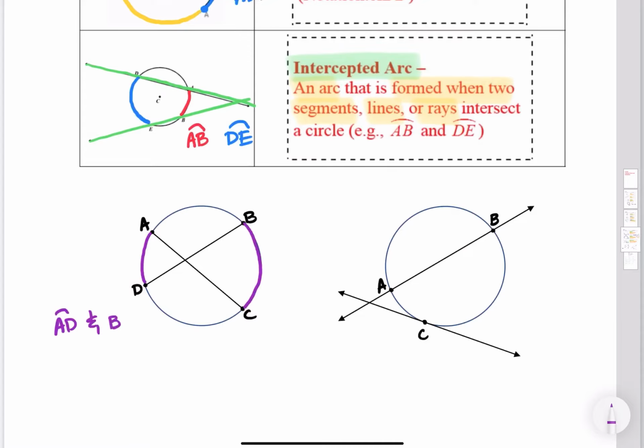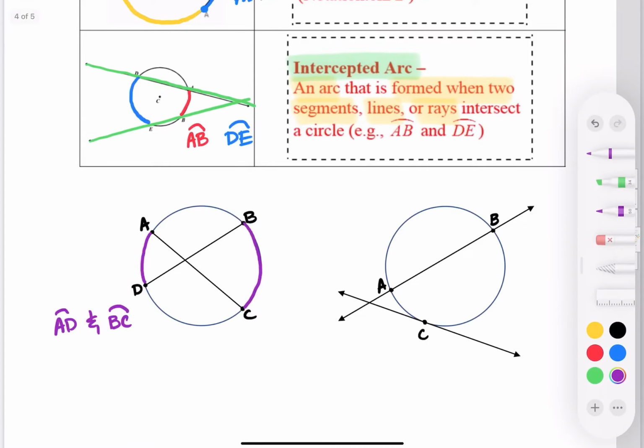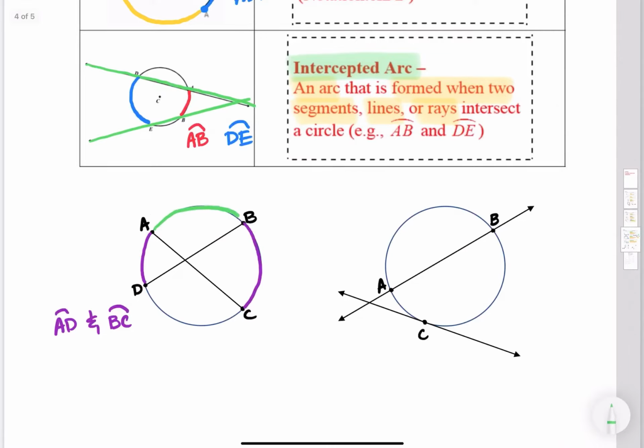So that's a pair of intercepted arcs. But we could also look at the ones at the top and the bottom. It could intercept over here at AB and over here at DC. So AB and DC are also intercepted arcs.